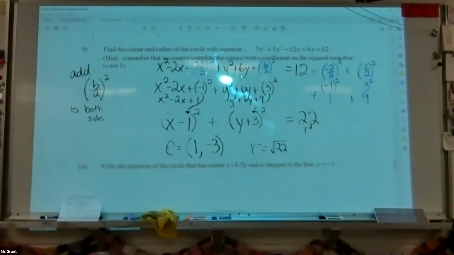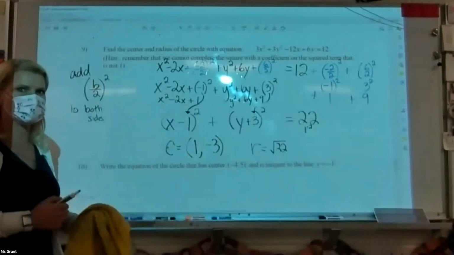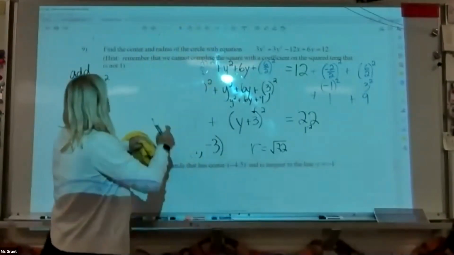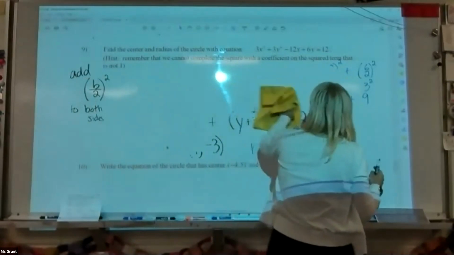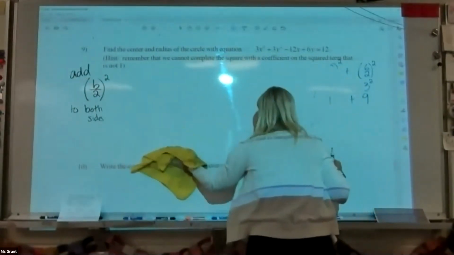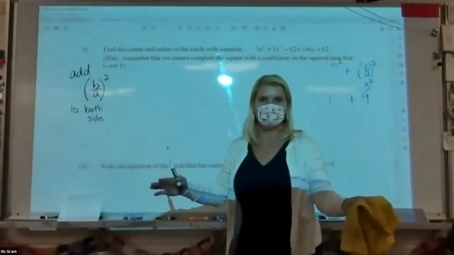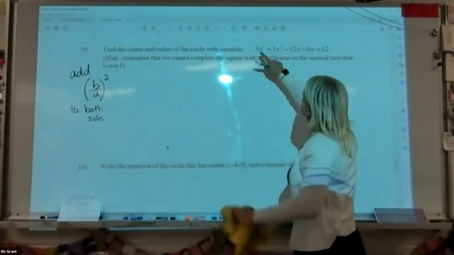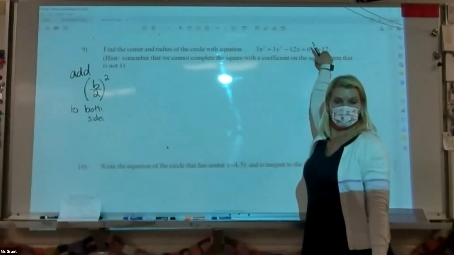So, find the center of the circle with the equation 3x squared plus 3y. Whoa, these 3's. Okay. Hint. Remember that we cannot complete the square with a coefficient on the squared term. We cannot have a 3 in front of the x squared, or even a 2 or a 5 or anything. So what I need to do, I look at all of these, and 3 is a GCF, it's a common term.